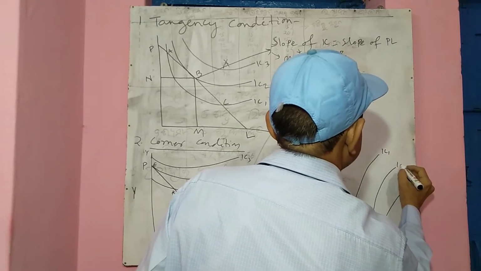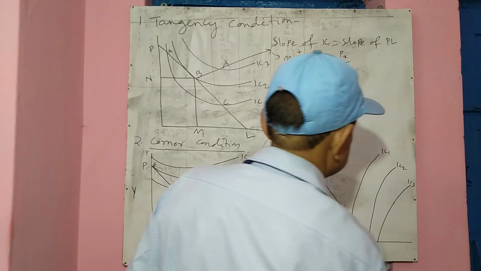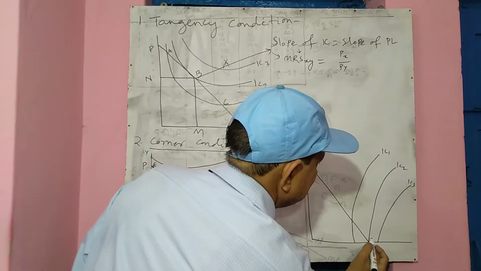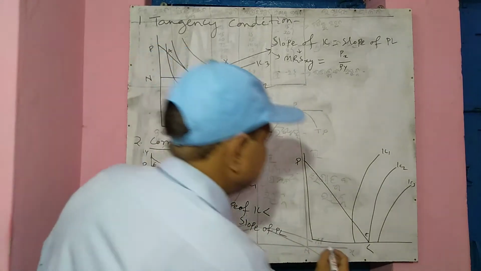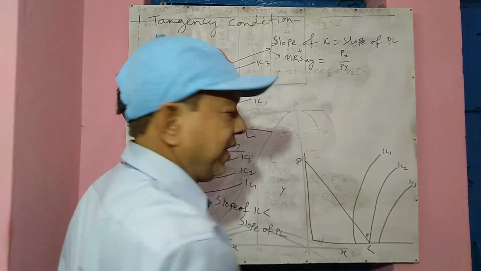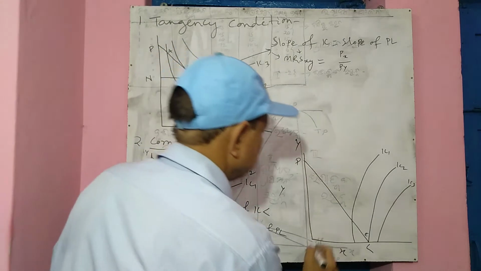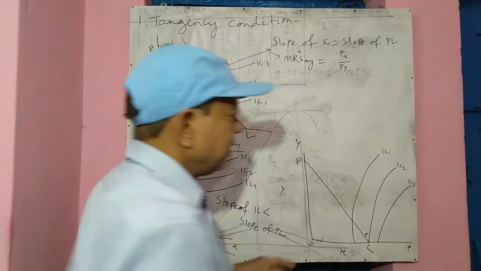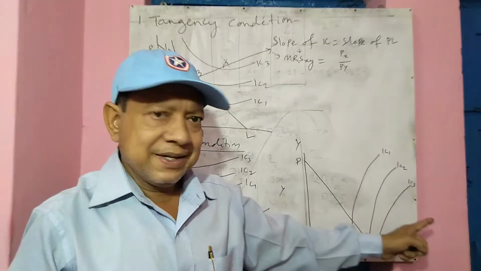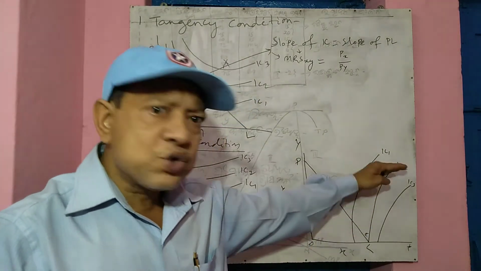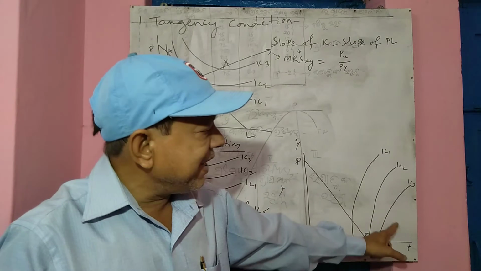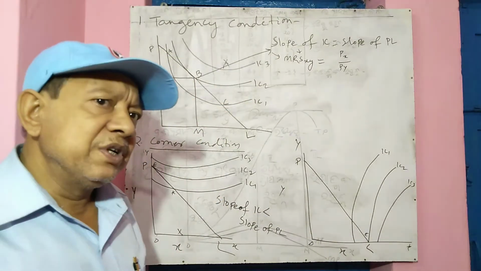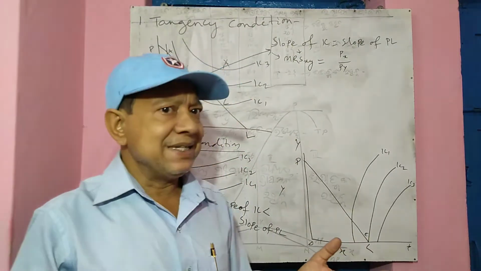This is IC1, IC2, IC3. Let's say this is point E. This is good X, this is good Y. Here the ICs are also convex to the origin, no doubt, so all three are valid ICs.